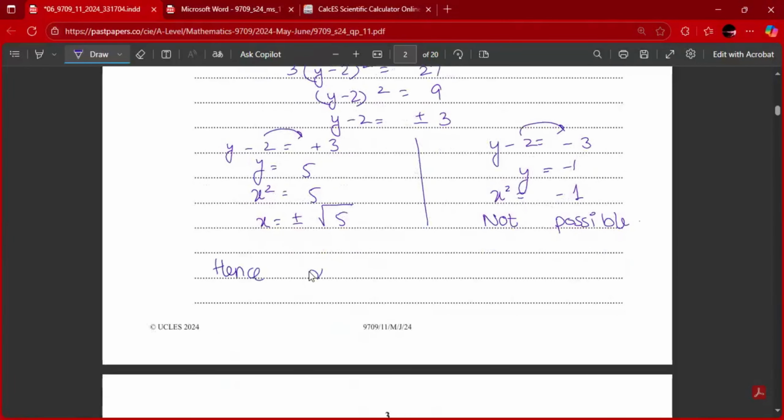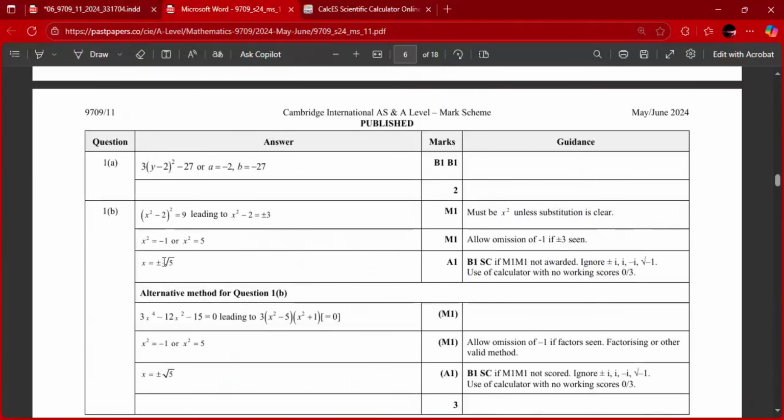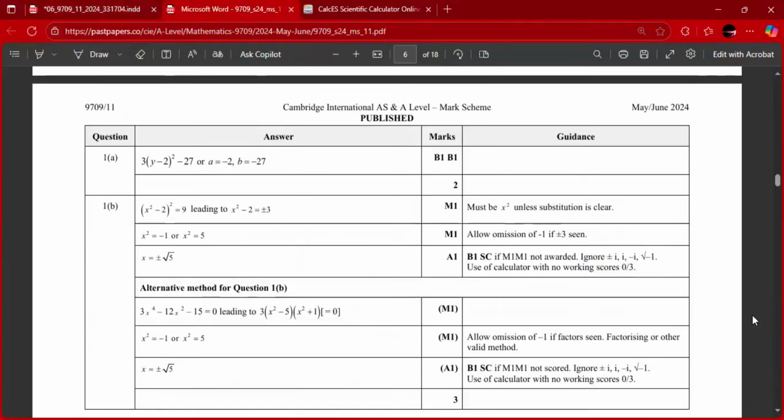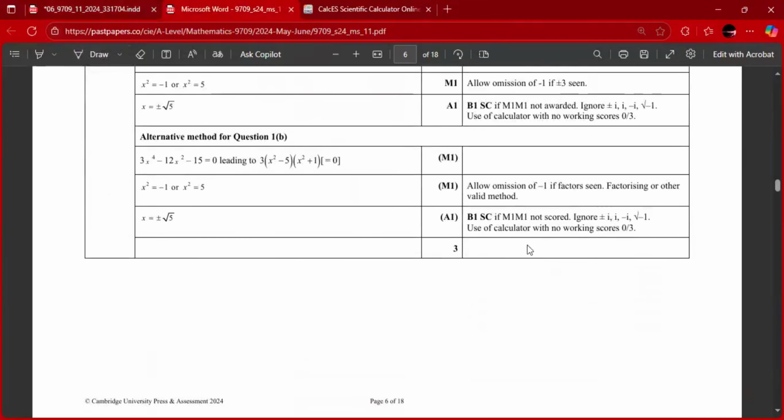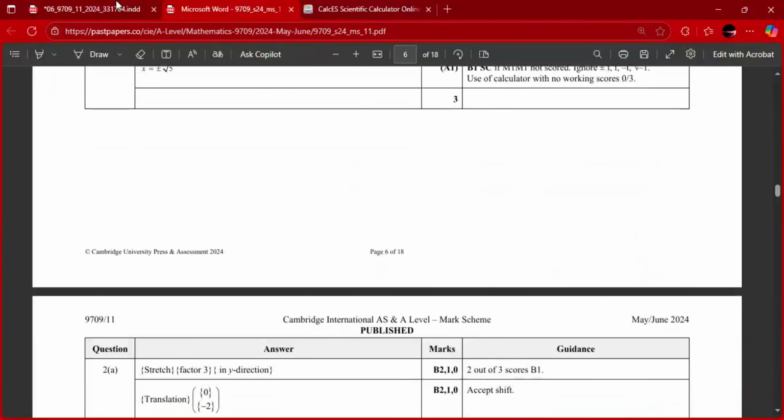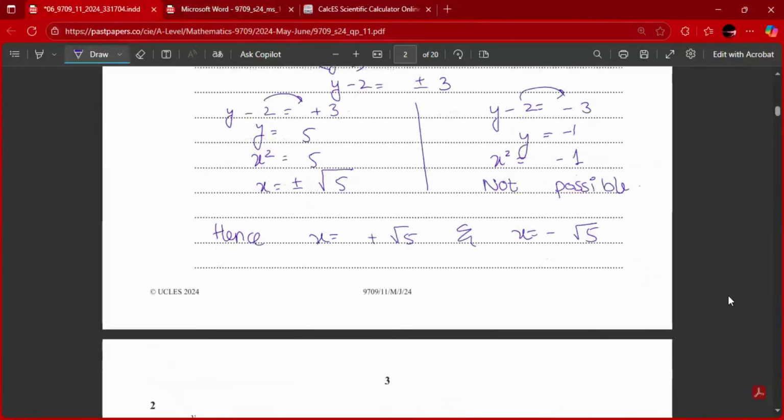Hence, x is equal to plus square root of 5 and x is equal to minus square root of 5. Let's check the answer. Okay, great. Let's go forward. Question 1 is done.